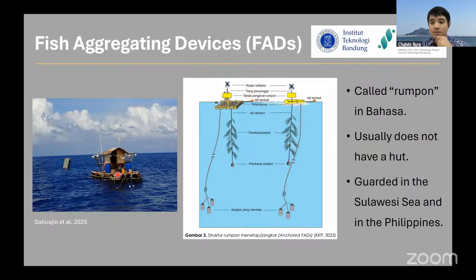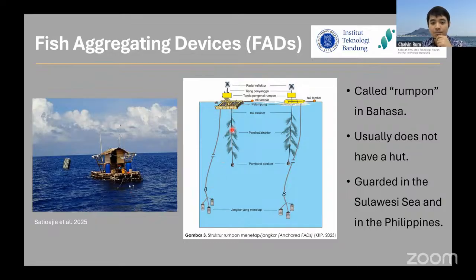I think in the Philippines they also have this practice, because if you don't protect the fish aggregating devices, there are some ships that will take the fish around this device, or this buoy-like construction.